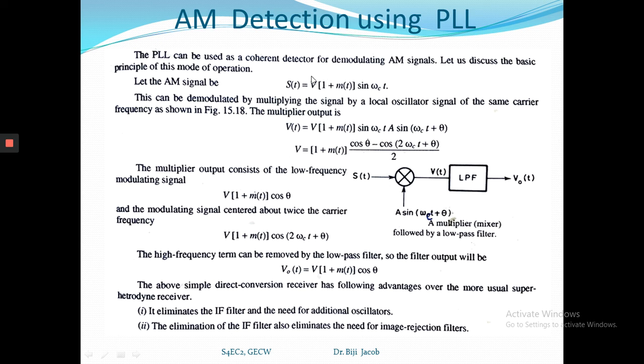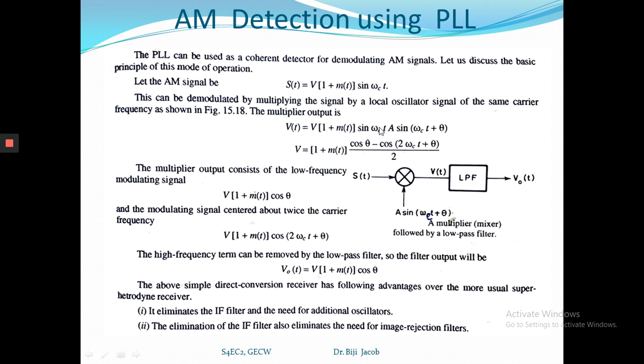If this AM signal is multiplied with a carrier signal, A sin omega c t plus a phase shift, then when you are multiplying two sine waves, you will be getting cos(A minus B) minus cos(A plus B).